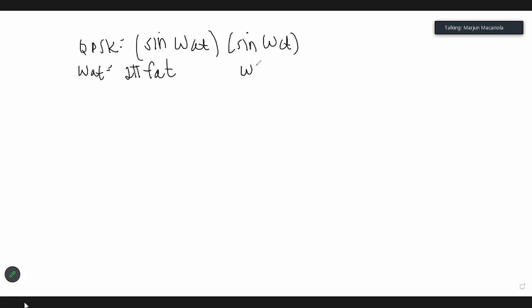So the output of the balanced modulators can be expressed mathematically as sine omega A t multiplied by sine omega C t. Okay? Looks familiar? Omega A is just equal to 2 pi FA, while omega C is just equal to 2 pi FC.